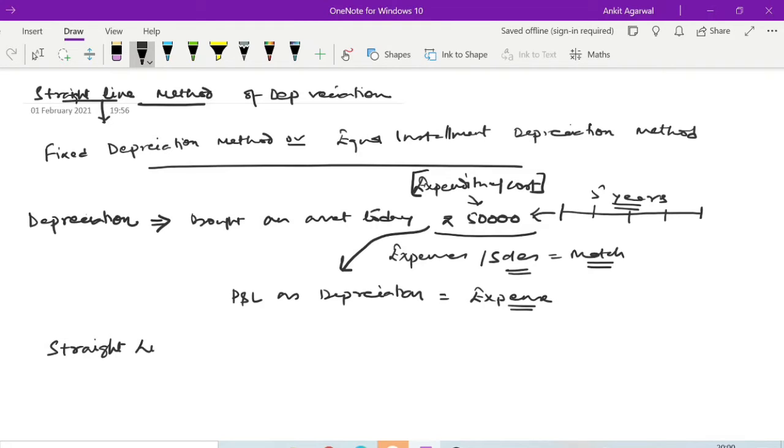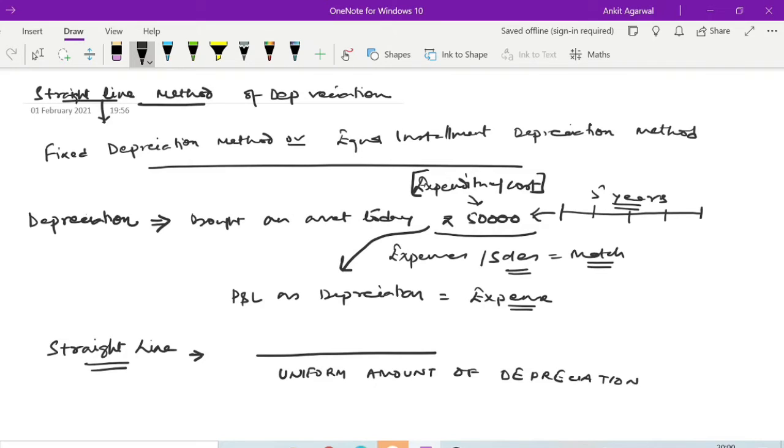Now come to straight line method. As the name suggests, it is like a straight line. I mean, a uniform amount of depreciation every year.